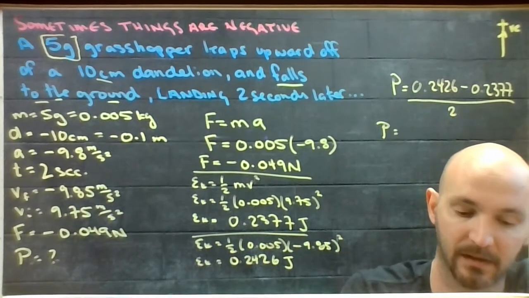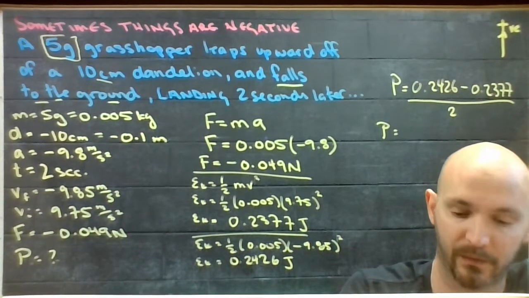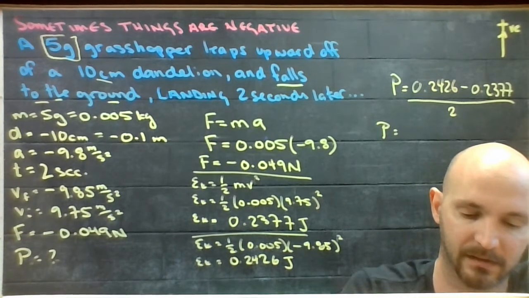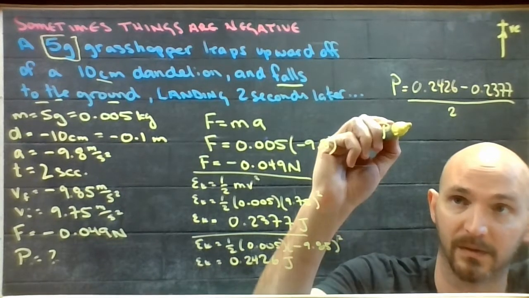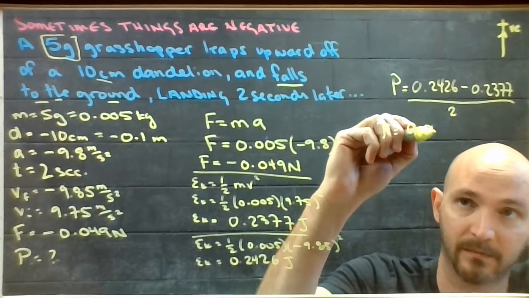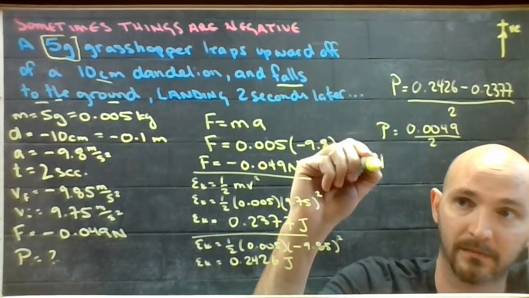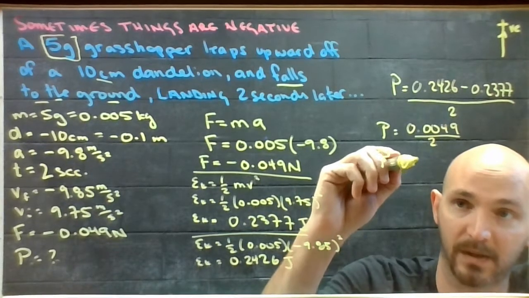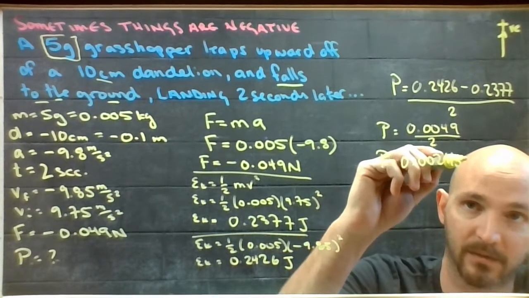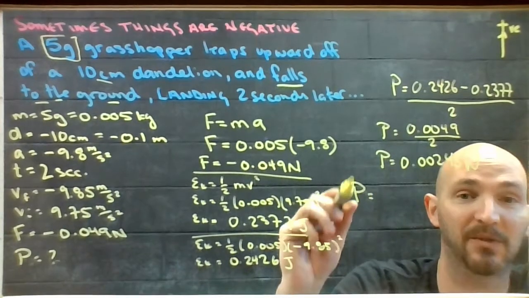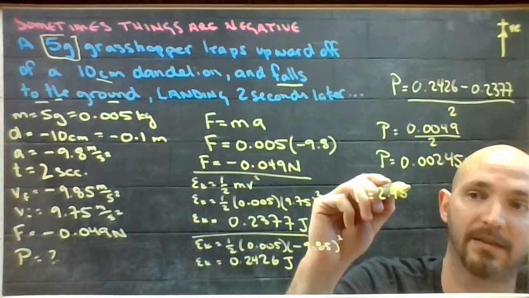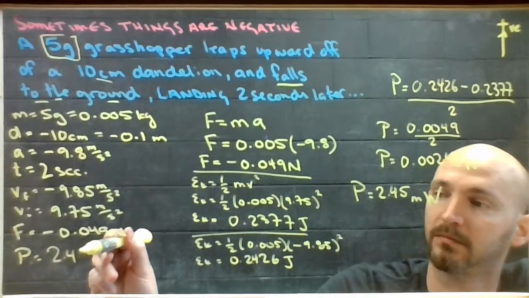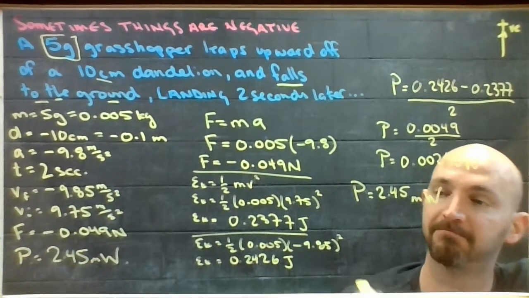So 0.2426 minus 0.2377 is 0.0049, and divide that by 2. I get 0.00245 watts. And if you're a fan of metric prefixes, you could write that as 2.45 milliwatts. Let me pop that in there. There you go.